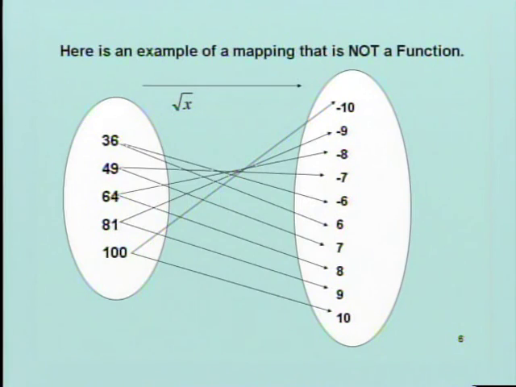So from 49, you have two arrows going to map 49 to -7 and +7. 64, square root of 64 is -8, +8, and you can see that following the arrow. 81, square root will be -9, +9. So your arrows go from 81 to -9, +9. Similarly for 100.